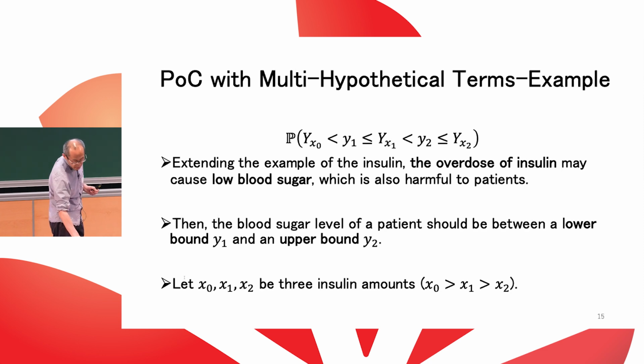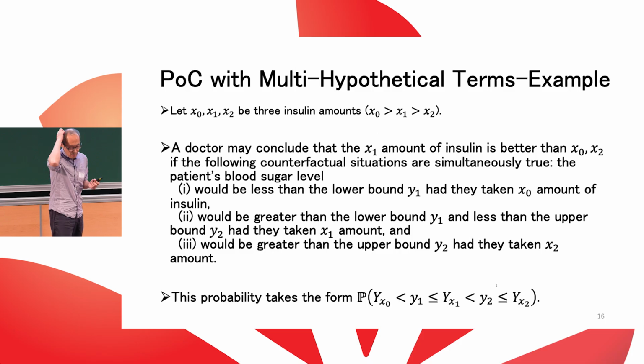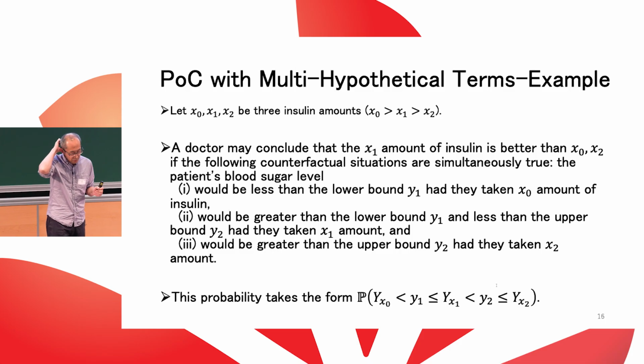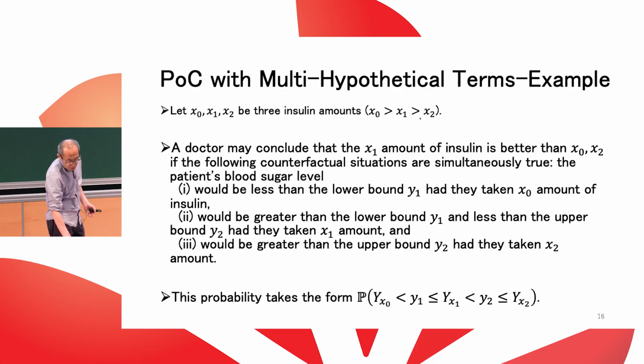So you can consider, say, three insulin amounts. Say x0 is the largest dose, and then x1 and x2, so three different doses. As a doctor, you might be interested in which dose, say x1, is the best, or better than both x0 and x2. So now you can consider these three counterfactual situations simultaneously.